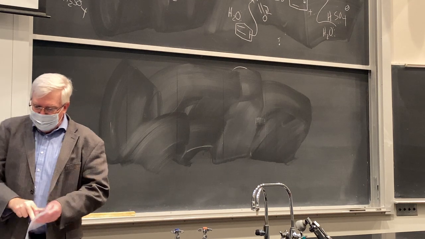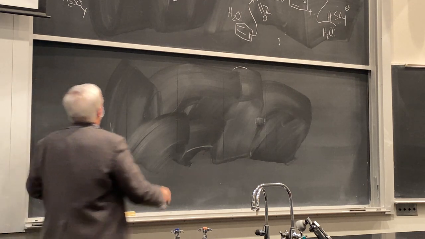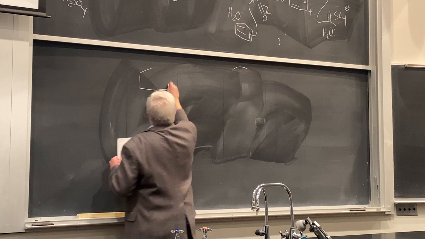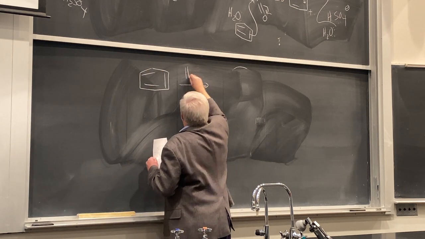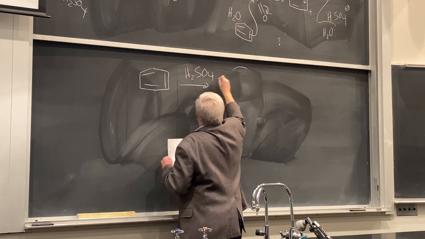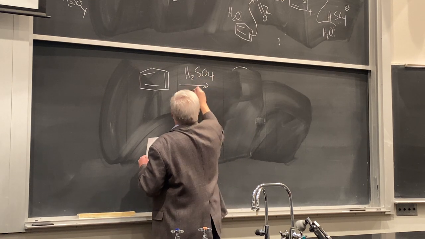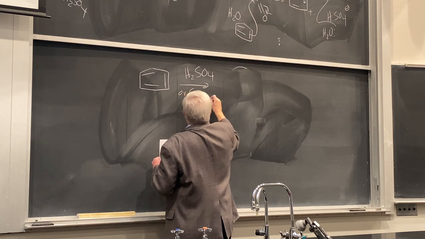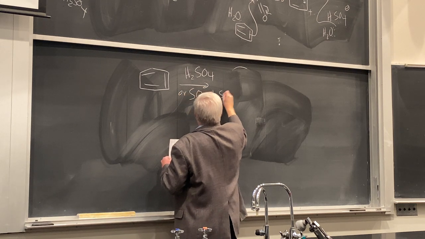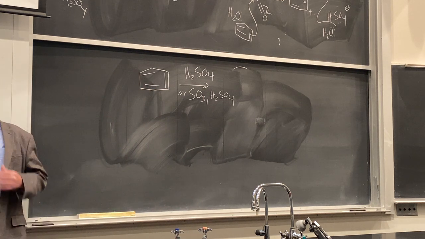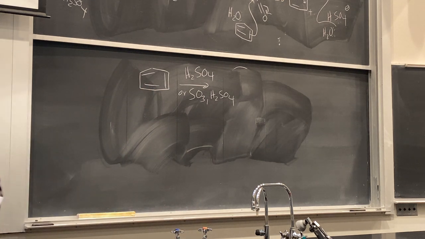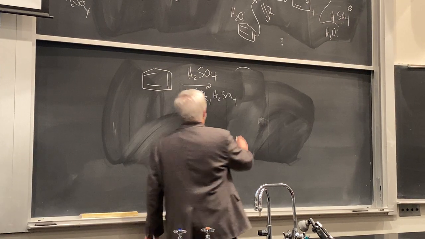I think sulfonation. So here's the basics of sulfonation. We're going to make sulfonic acid. We can just use H2SO4, or we can use sulfur trioxide and H2SO4. Sulfur trioxide is the anhydride of sulfuric acid. This will make a carbon-sulfur bond.